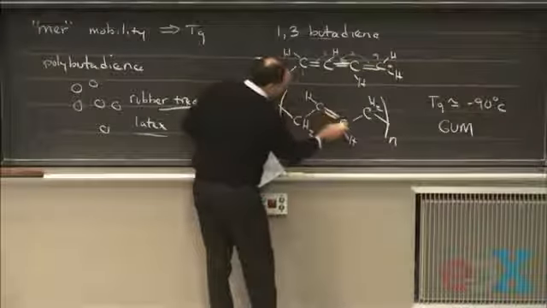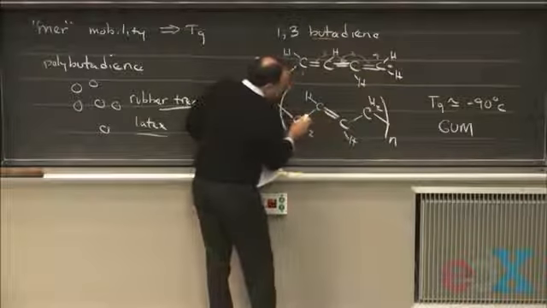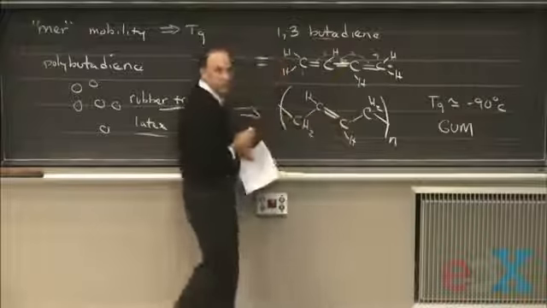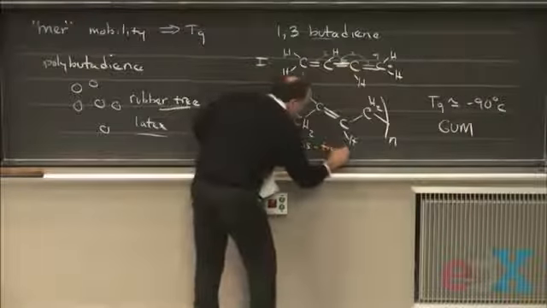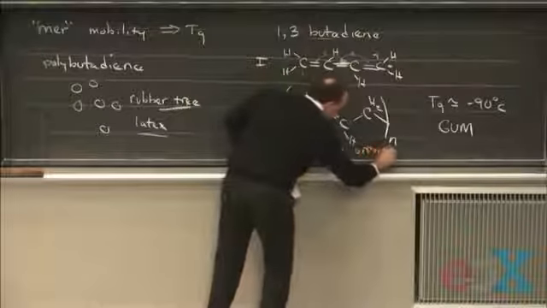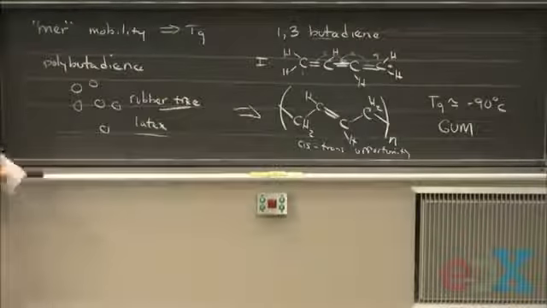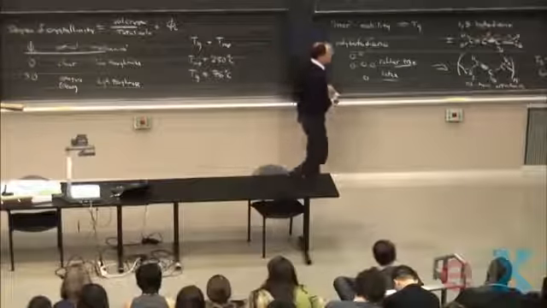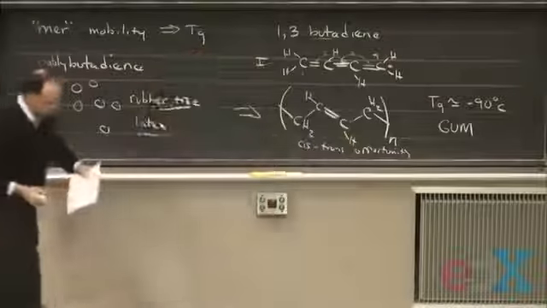So I could have this carbon bond on the same side as this carbon bond, or it can be on the opposite way that I've shown it here. So there's cis-trans opportunity. And so the properties will vary depending on how much cis and trans is in the gum, but generally it's pretty random.